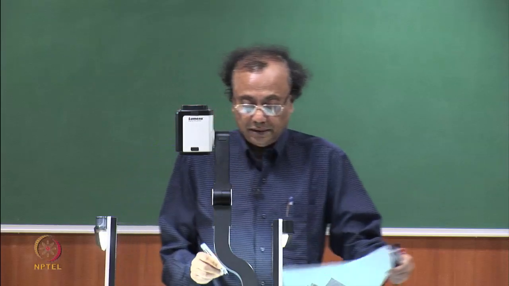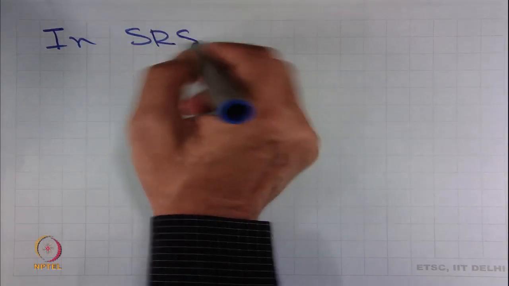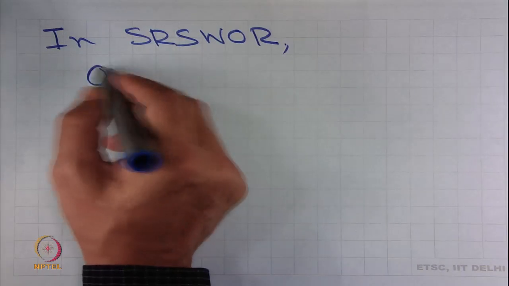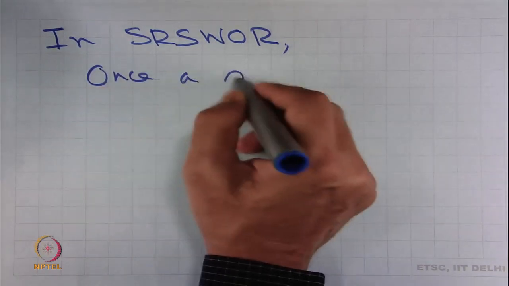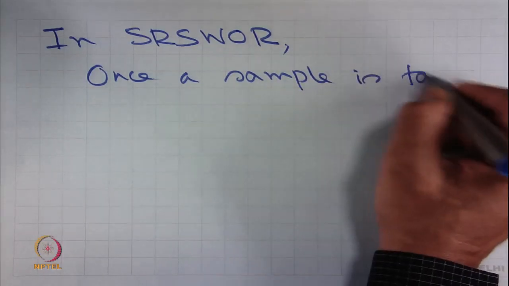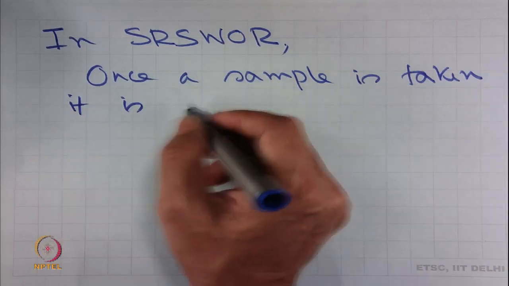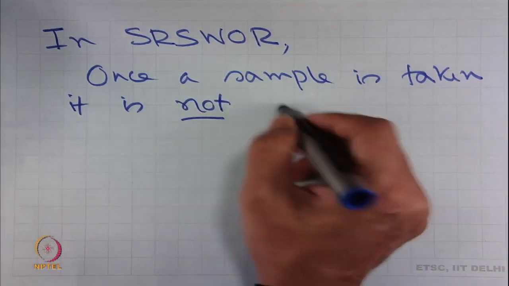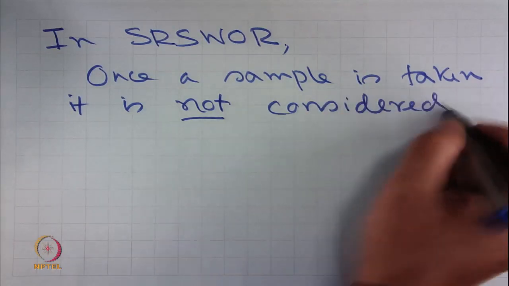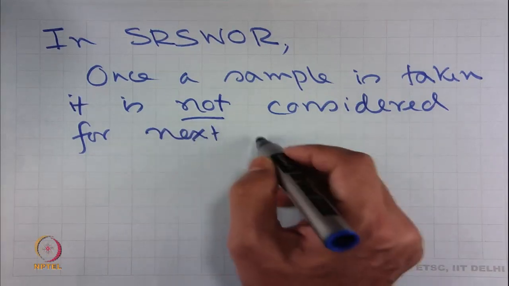On the other hand, in SRS-WOR, once a sample is taken, it is not considered for the next sampling.